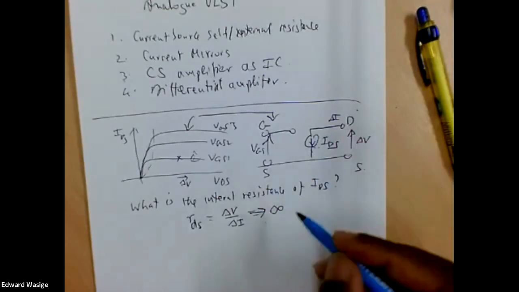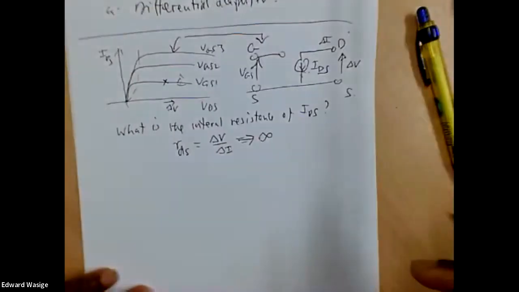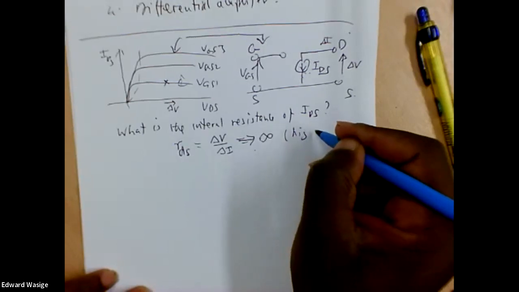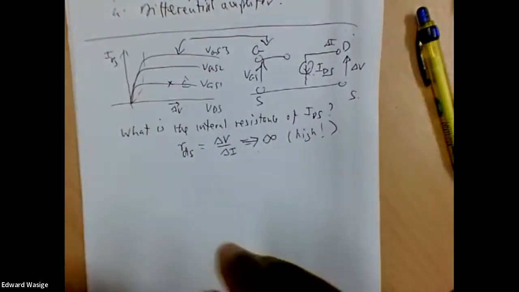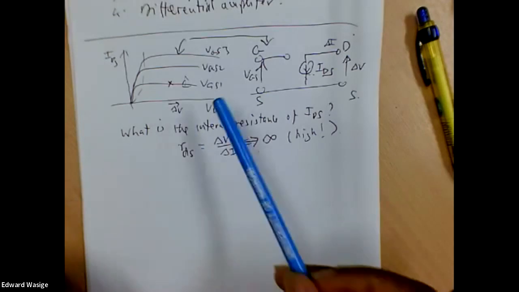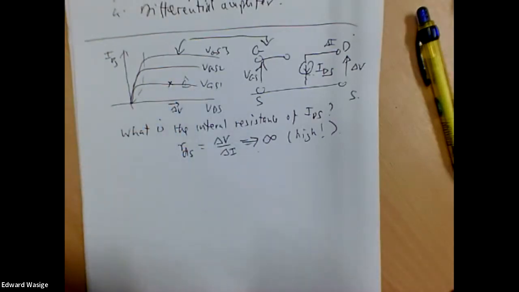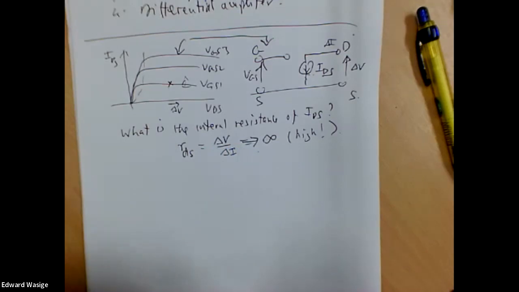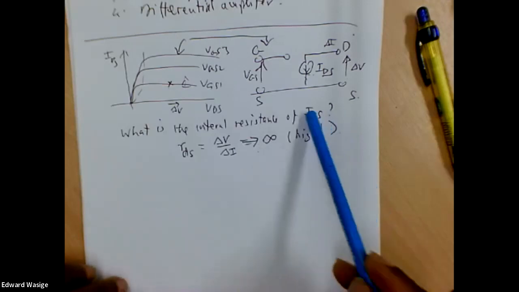So the internal resistance is quite high. It's ideally infinity. Usually the IV characteristics will have a small positive slope, so the internal resistance will be in kilo ohm or mega ohm, minimum kilo ohm, otherwise mega ohm or higher.